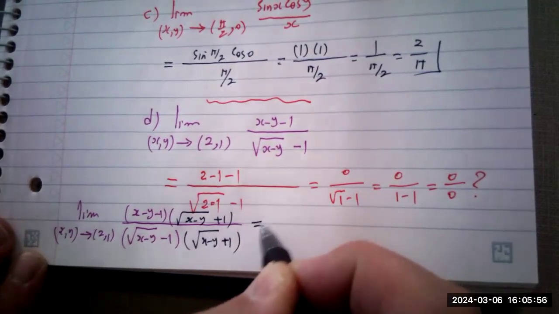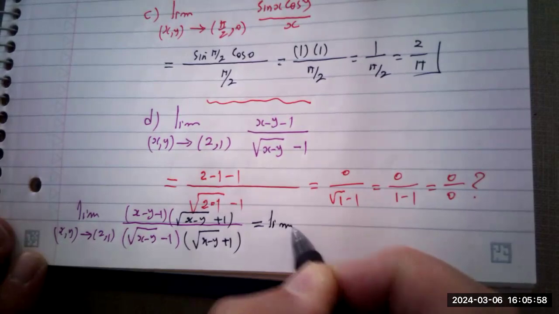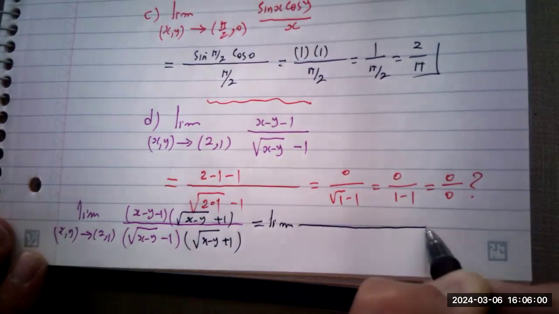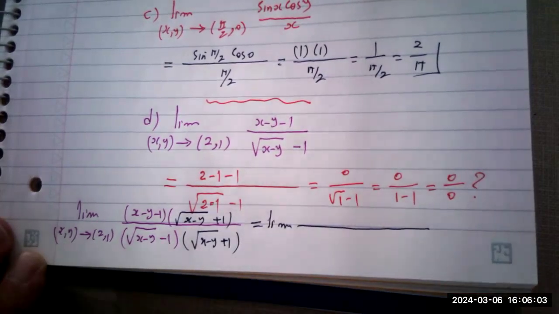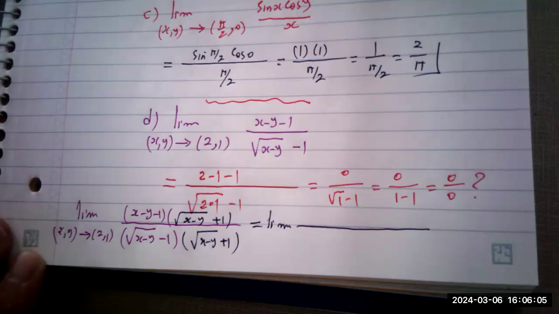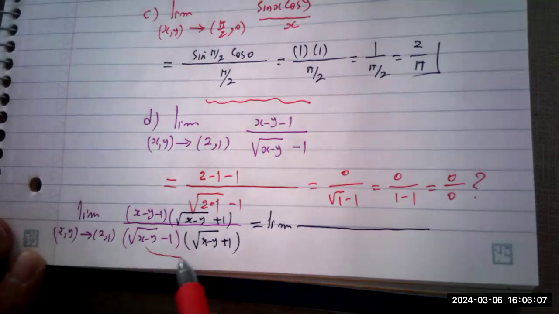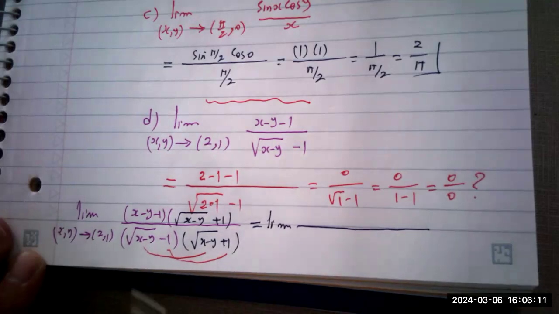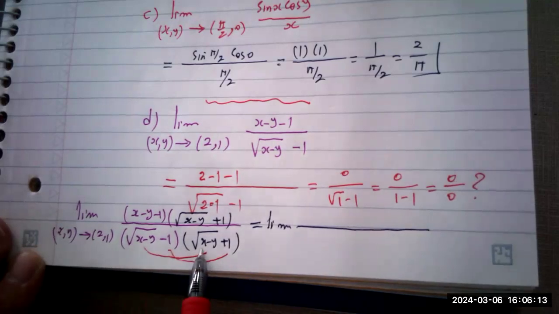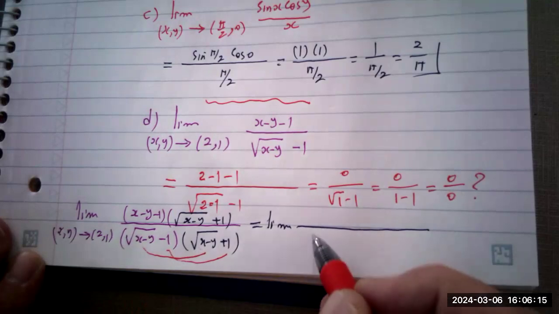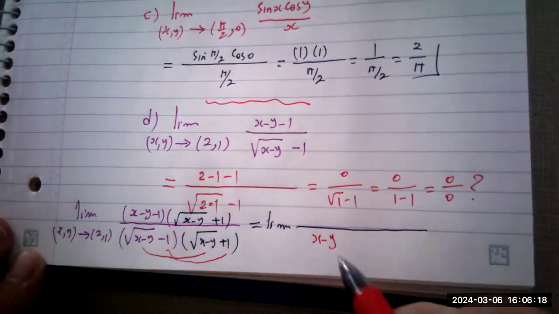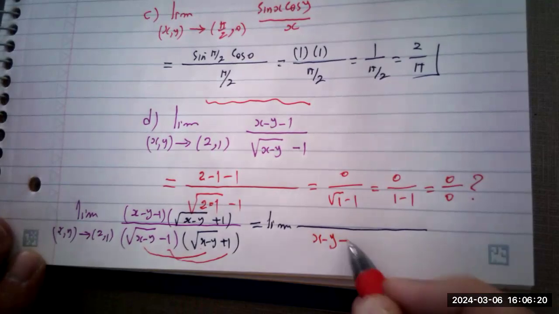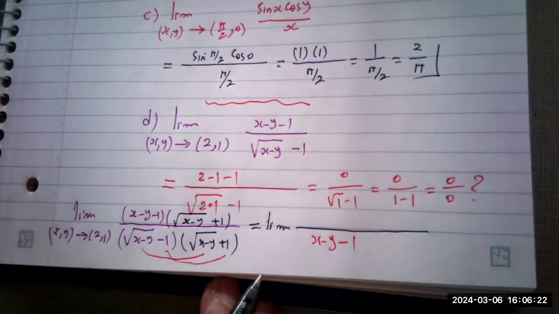You don't do anything else to the top. You just simplify the bottom, because that's a special product: the square of the first minus the square of the second. Radical x minus y times itself is x minus y, and then minus 1.